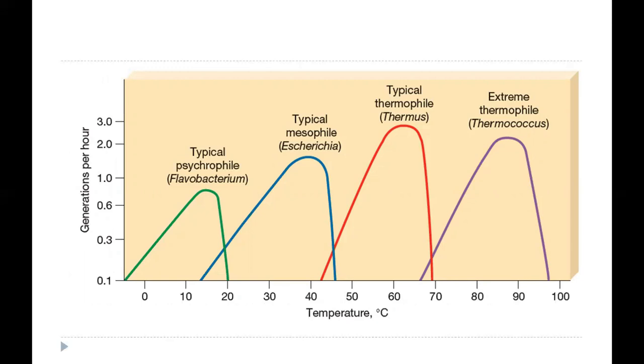You can see these curves. Each curve represents each category. The green colored curve is in the low temperature range, representing typical psychrophiles. The blue colored curve in the optimum temperature or room temperature range is known as typical mesophile. They've also given examples of the organisms. The typical thermophile survives between 45 to 75 degrees Celsius.